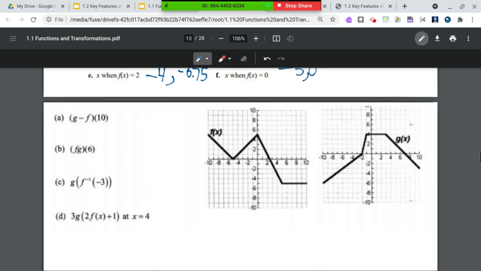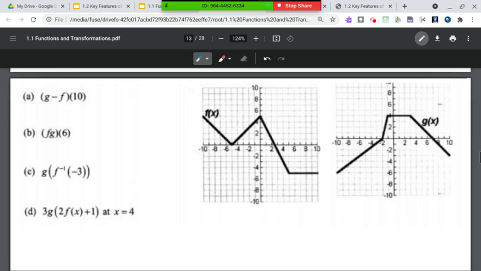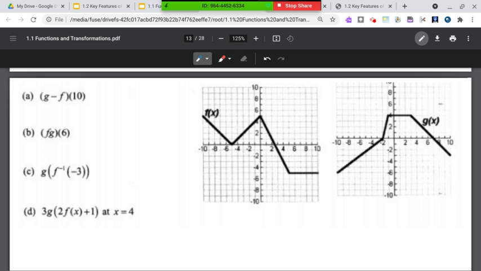Okay, few more. This gives us two different functions this time, an f of x function and a g of x function. Letter A says g minus f of 10. So what we really need to do here is find g of 10 and subtract f of 10.